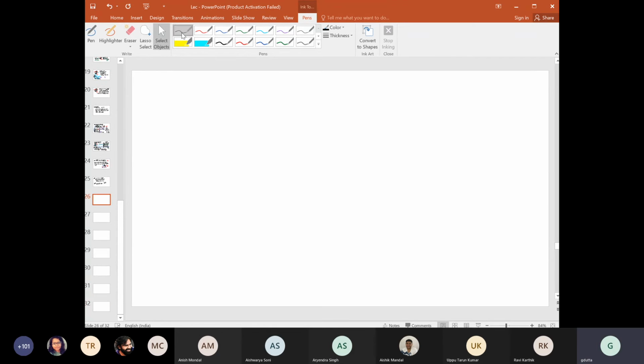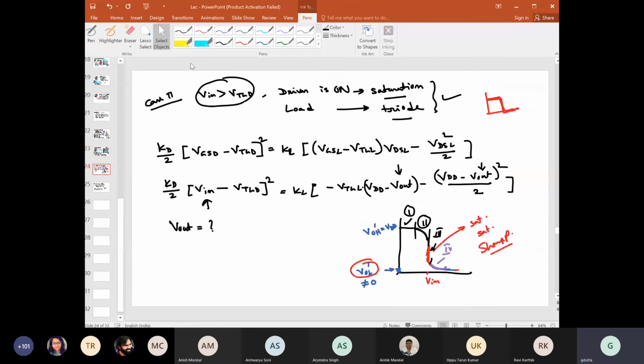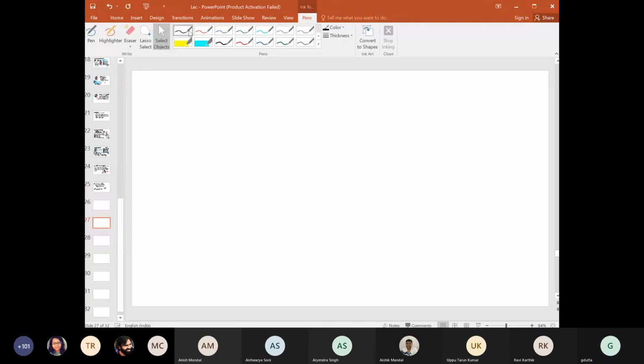Okay, so we have seen how an inverter will look if you are implementing the inverter using the NMOS depletion load. For that, maybe we can just write it here once again: inverter with depletion load.